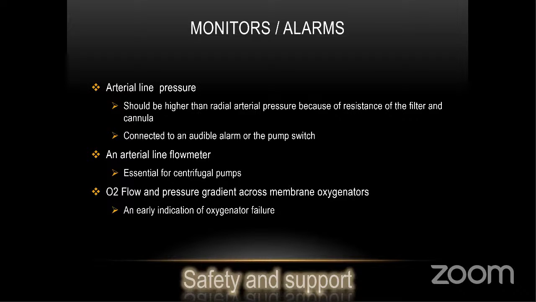It is usually connected to an audible alarm or pump switch that stops the pump if the pressure exceeds the limits. An arterial line flow meter is essential for centrifugal pump systems.